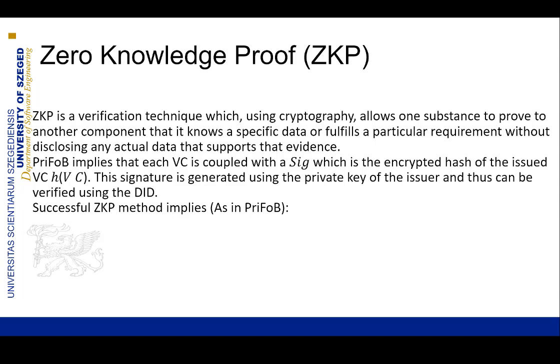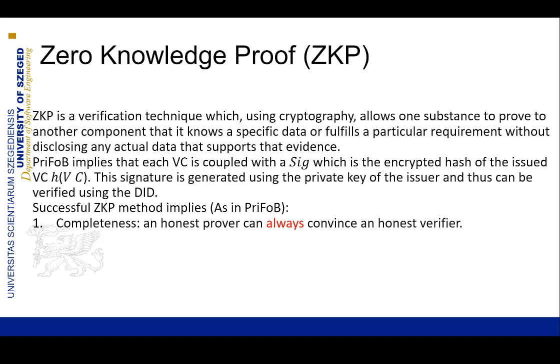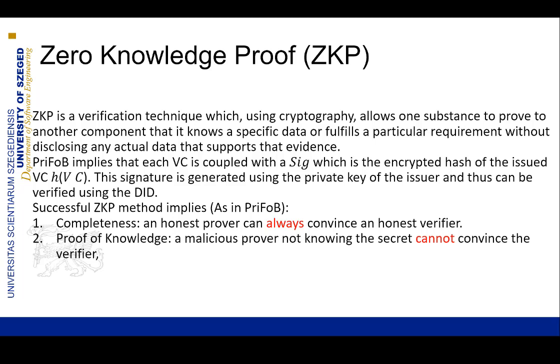Generally speaking, successful zero-knowledge proofs imply three main criteria. First, we have completeness, which means that an honest prover can always convince an honest verifier. We have proof of knowledge, which means that a malicious prover not knowing the secret, in this case the private key, cannot convince the verifier.